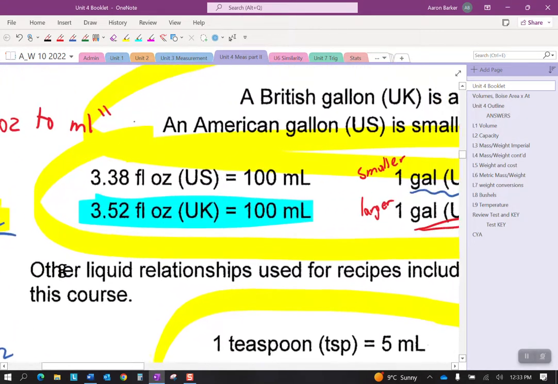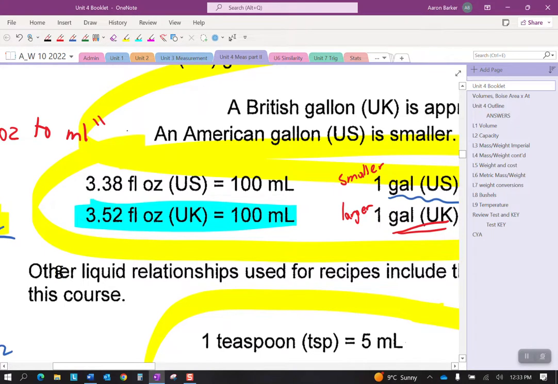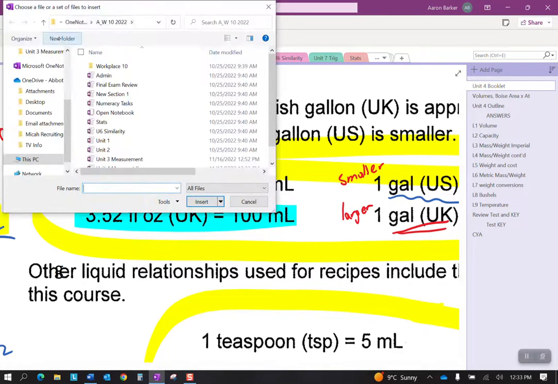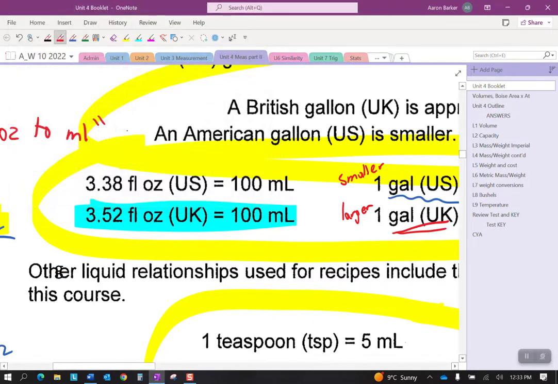We're going to take this conversion factor right here in blue. 3.52 fluid ounces equals 100 milliliters. So I can put this one on top, then this one will be on the bottom. Or I can flip it so that 100 mils is on the top and the other one is on the bottom of the fraction.